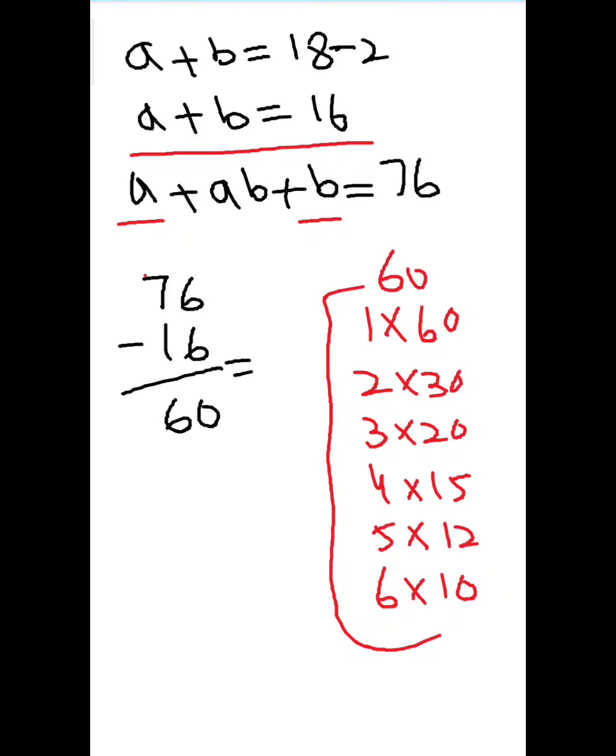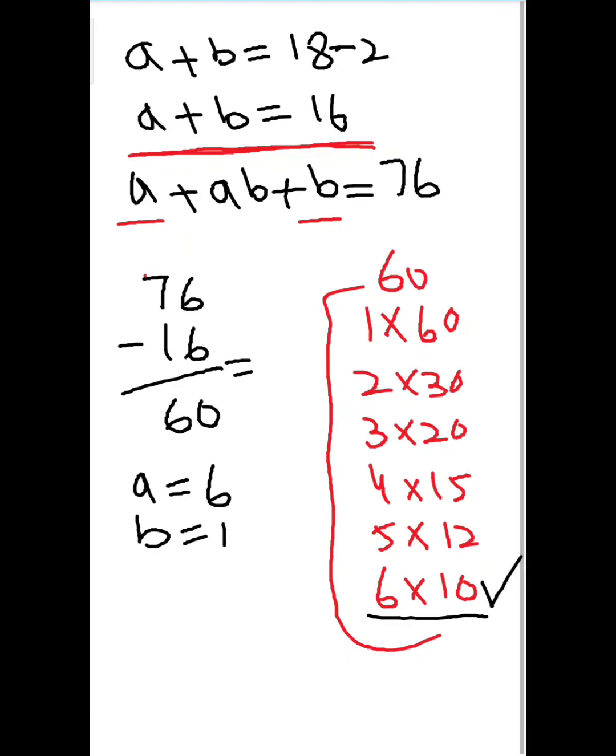As we know, the sum of a and b is equal to 16. So here we can say 6 times 10 will be the suitable factors for 60, as the sum of these numbers is equal to 16. For that we can write: if a is equal to 6, then b is equal to 10, and if a is equal to 10, then b is equal to 6.